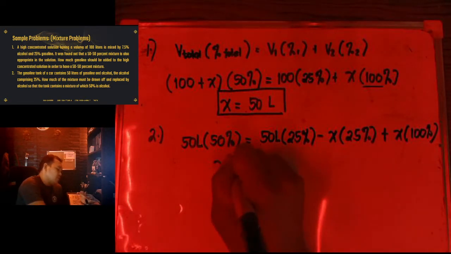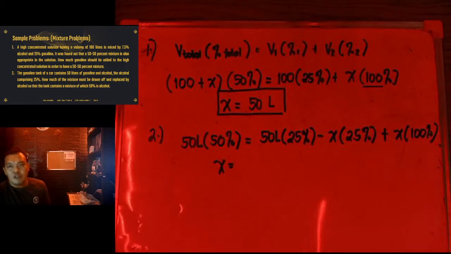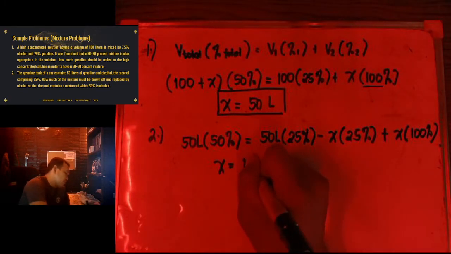Therefore, the value of the volume that we need to add para magkaroon ng 50% solution ng alcohol dyan is 50 times 0.5 is equivalent to 50 times 0.25 minus x times 0.25 plus x. The value will be 16.67 liters.